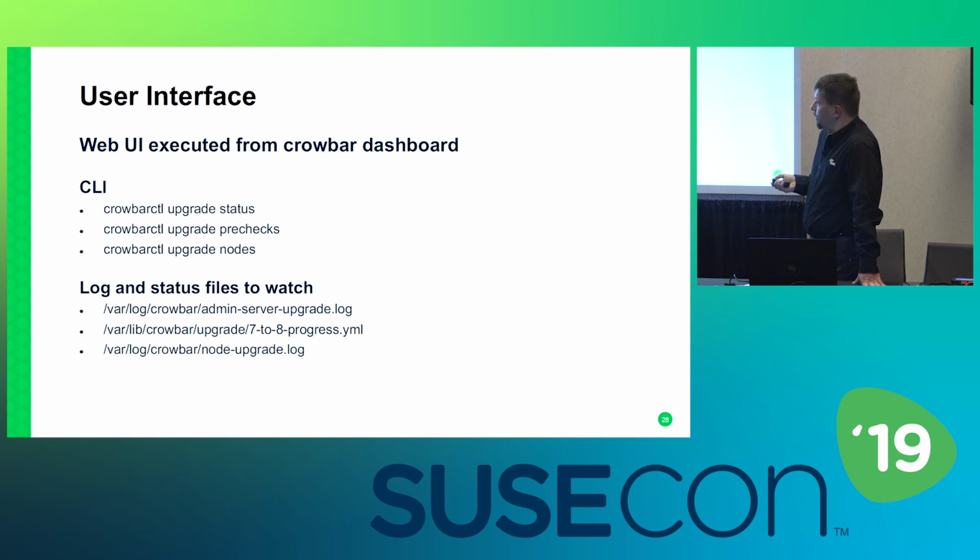There's a specific log that contains information about upgrading the admin server. There's a similar log that contains all the information about each cloud node that is being upgraded, and there is this YAML file that actually tracks the information about the current upgrade state. And I believe that's it.